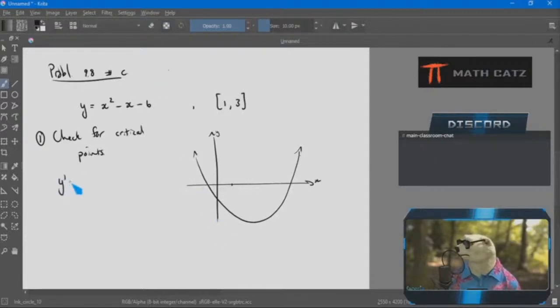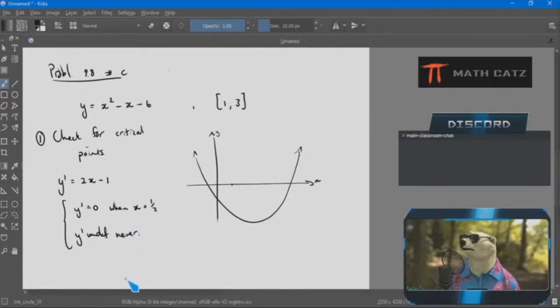For that, I have to find the derivative, which is easy because it's a simple function, 2x minus 1. How do I find critical points? I check where is the derivative equal to 0, where is the derivative undefined. Well, it's equal to 0 when x is 1/2. And it's undefined, never.